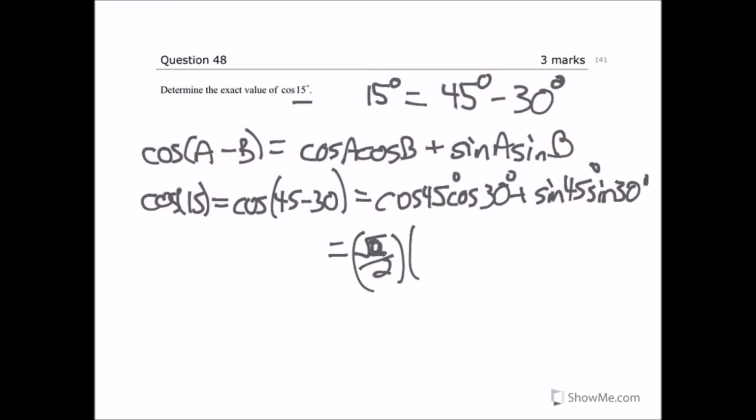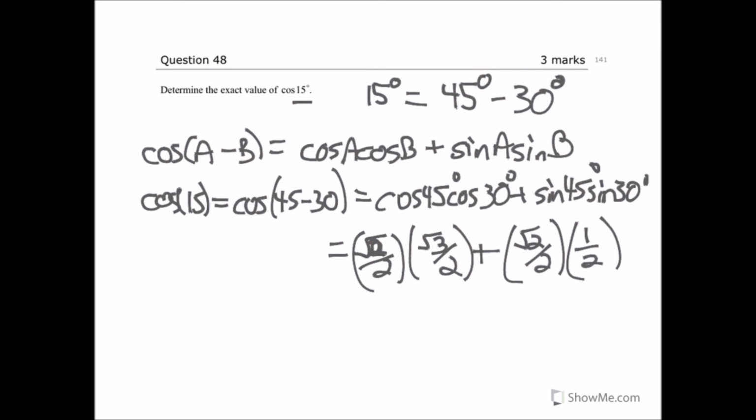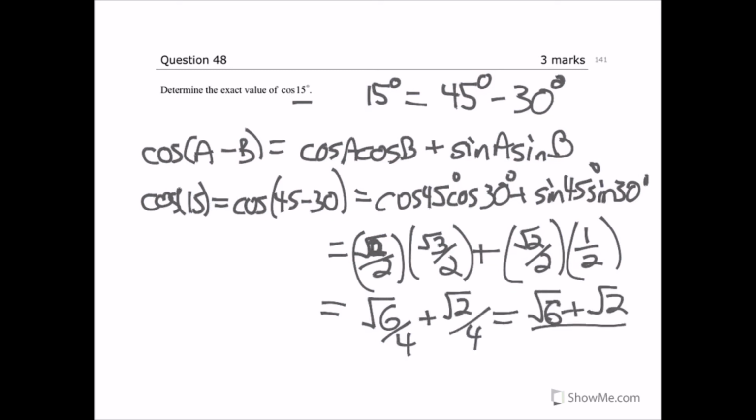Cos 30 is root 3 over 2. Plus sine 45 is root 2 over 2. And sine 30 is 1/2. Equals root 6 over 4. You just multiply tops, multiply bottoms, plus root 2 over 4. You can combine these and you get root 6 plus root 2 over 4, and that equals cos of 15 degrees.